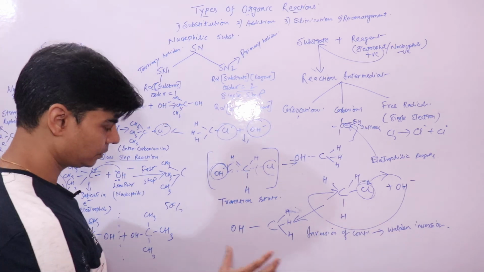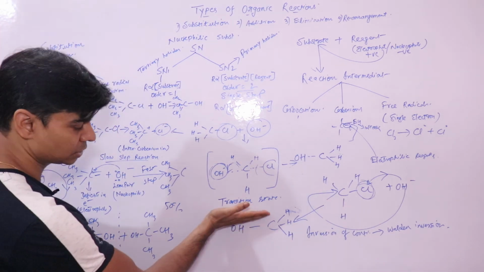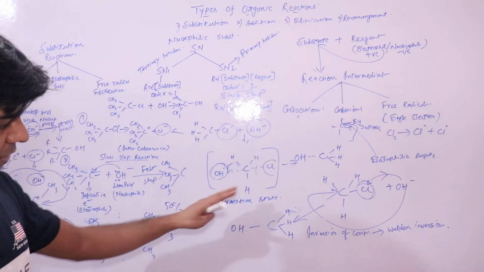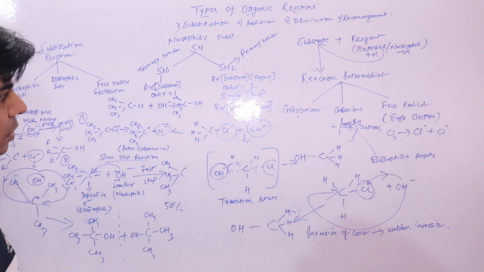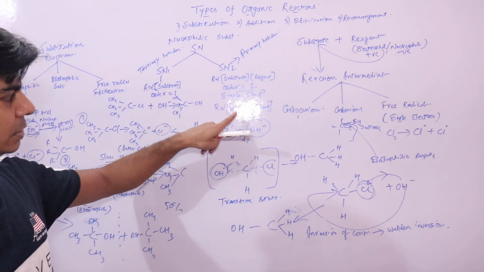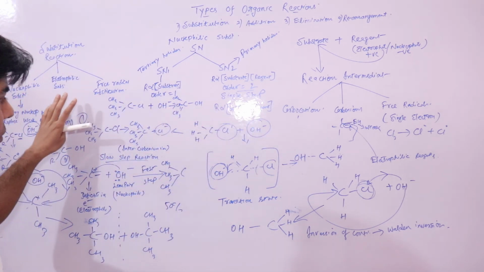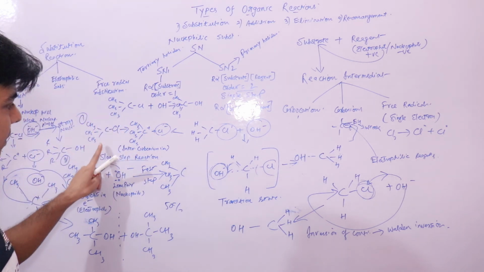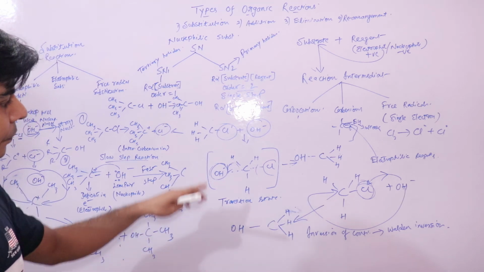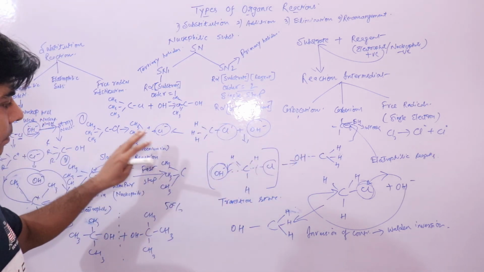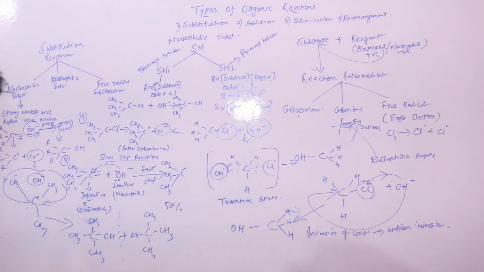So one of the main differences: this goes through a transition state, this goes through an intermediate, and this will result in Walden inversion while this will not result in inversion of configuration. This depends on the concentration of substrate and reagent. This depends on the concentration of substrate only, because the ionization of the substrate is a slow step. Now this is a single step reaction, this is a two-step reaction.